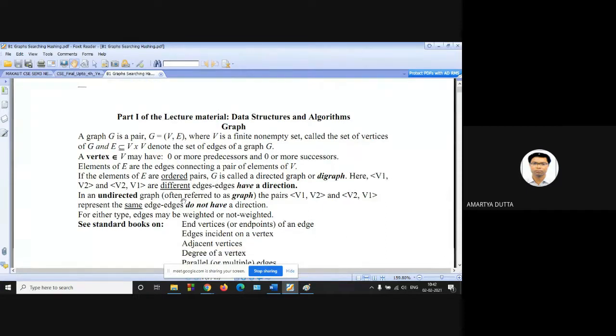What is an ordered pair? Any idea? Direction is used, yes. If the elements of E, that is your edges, are governed by the direction, these are ordered pairs, then G is called a directed graph or digraph.